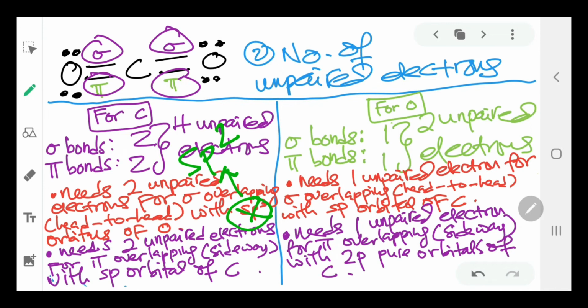So I'm going to do a correction over here. That is my mistake. So it is not sp orbital of carbon. Okay, so this is wrong. So what they will be doing: needs two unpaired electrons for pi overlapping sideway with 2p pure orbitals of oxygen atoms. Okay, so that's about right.